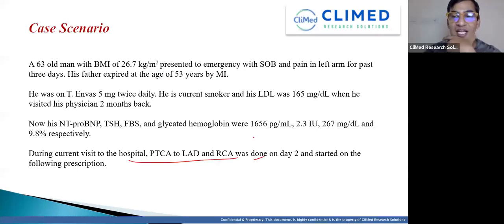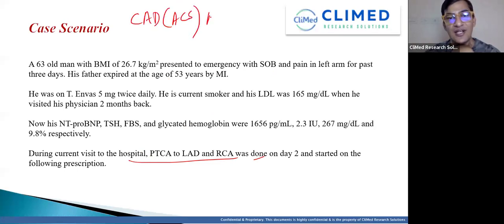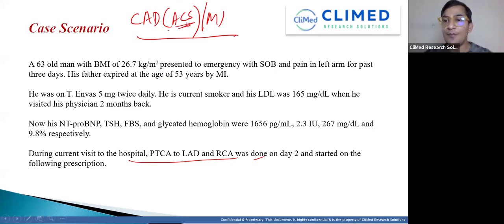PTCA to LAD RCA, I'll describe that. First thing is, you can write ACS, MI, CAD, whatever you want. The patient has myocardial infarction, that is coronary artery disease or acute coronary syndrome right now, because the patient is hospitalized.